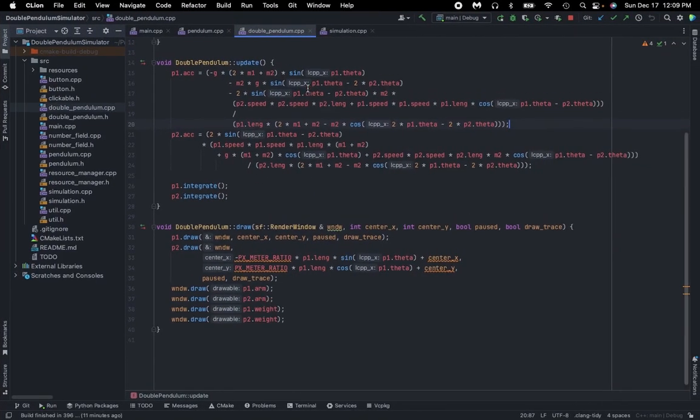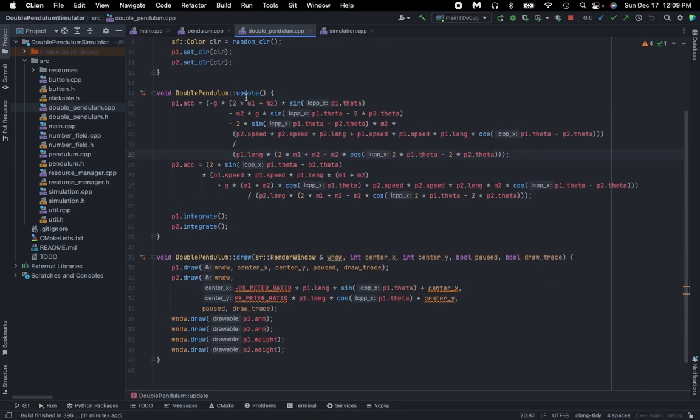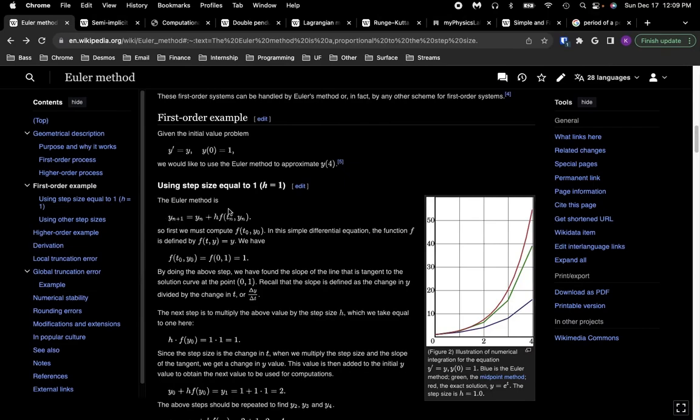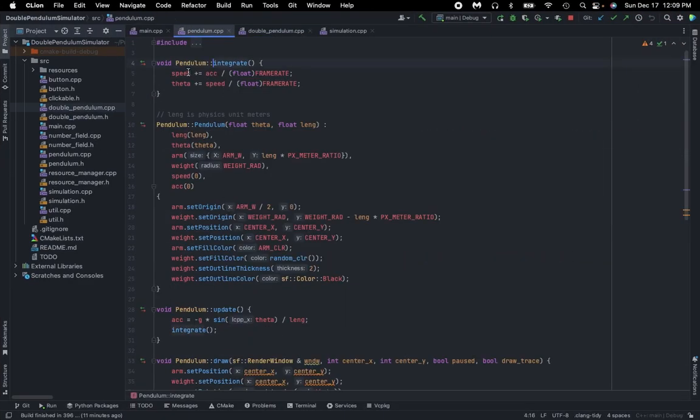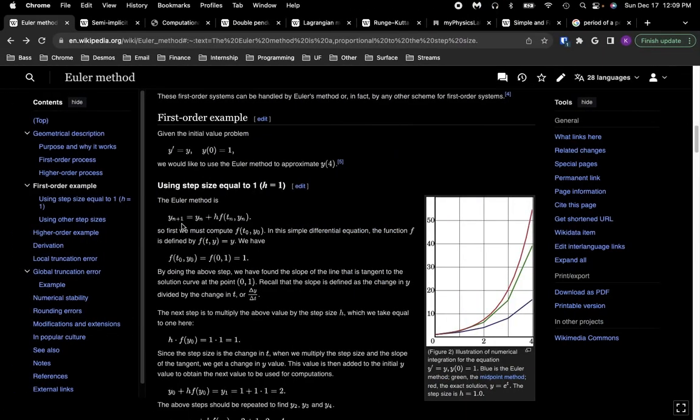For double pendulums, the fact that we have an explicit formula for the angular acceleration means that we have to do this step essentially twice. We do the Euler method to get the speed, and then we also do it to get the position. So this is essentially the Euler method, just done twice.